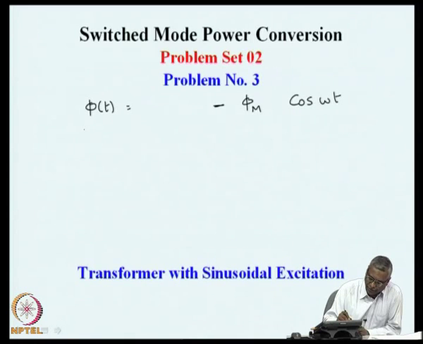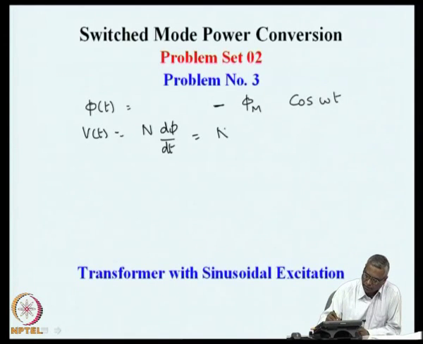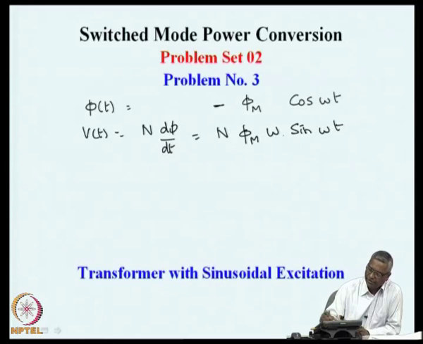So, if we find out what is V of t, it is n d phi by dt, which is n multiplied by the derivative of this, which is phi m into omega into sin omega t. This is V of t.